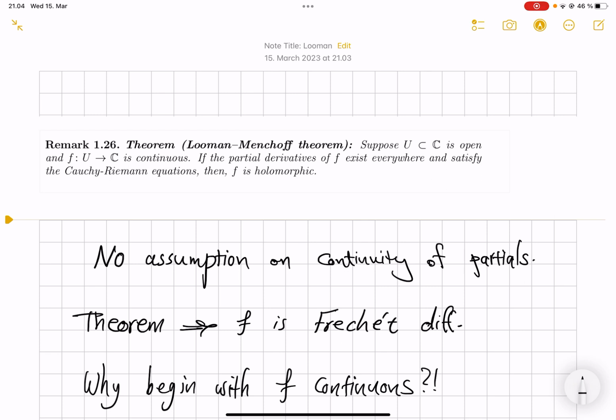Remember that holomorphic functions are infinitely many times differentiable. U and V are harmonic. The function is analytic. It has a power series representation, and so many more facts we know about holomorphic functions all of a sudden kick in here. For example, indirectly, you get that if you have a continuous function with partial derivatives that satisfy Cauchy-Riemann, then that function is infinitely often differentiable.